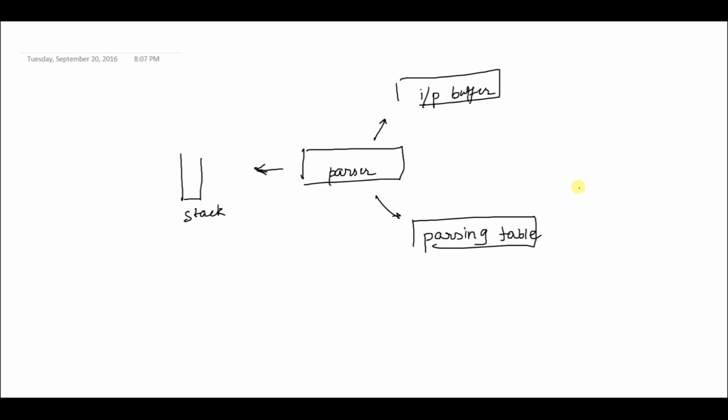Now all the difference between the LR0 parser and the SLR1 parser comes in the parsing table. Rest everything is similar. Now the first step at building the automata is numbering the productions.